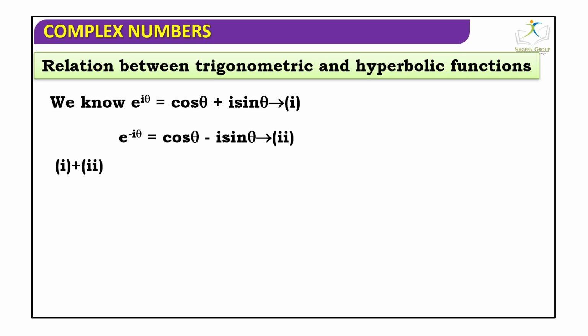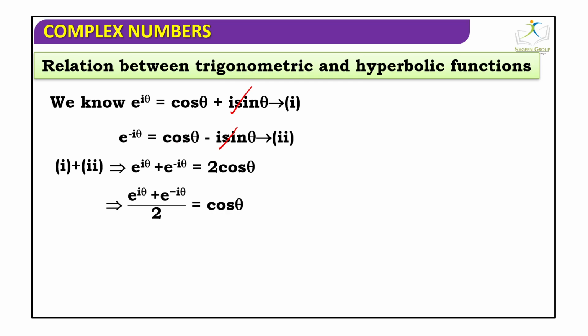Now adding the first and second equations, we have e iota theta plus e minus iota theta equals, as we add, these two values get cancelled and we have 2 cos theta. Now e iota theta plus e minus iota theta divided by 2, the 2 being a multiplication, take it in the denominator. It equals cos theta.